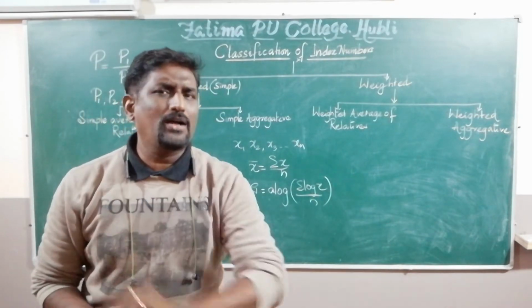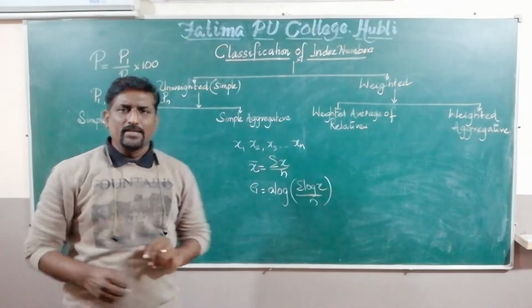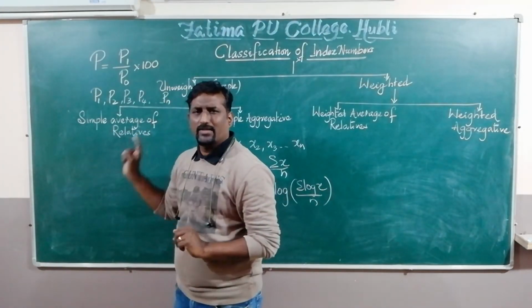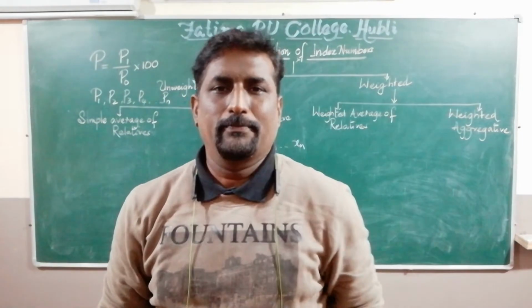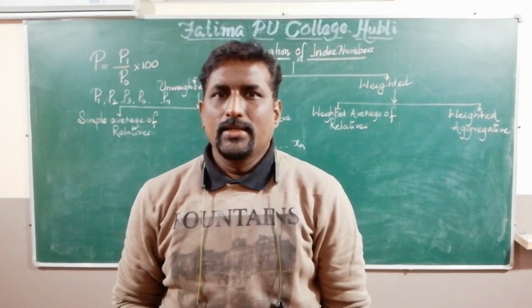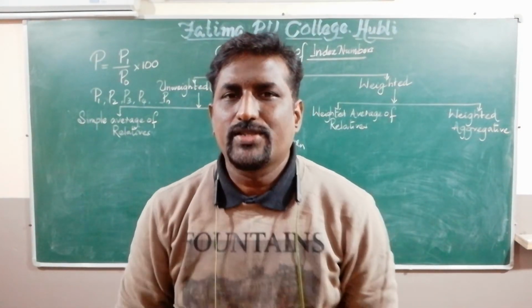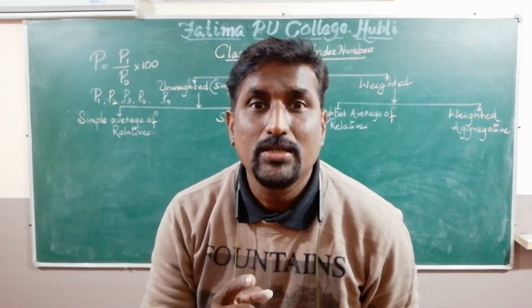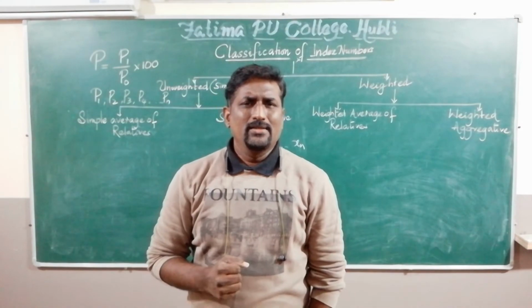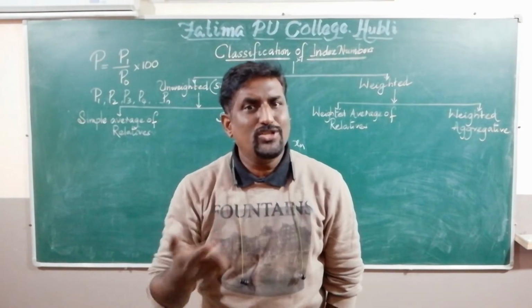Now, the same concept is applied here also, students. When they said simple average of relatives, the average can be arithmetic mean or the average can be geometric mean. Now, average can be average of what?